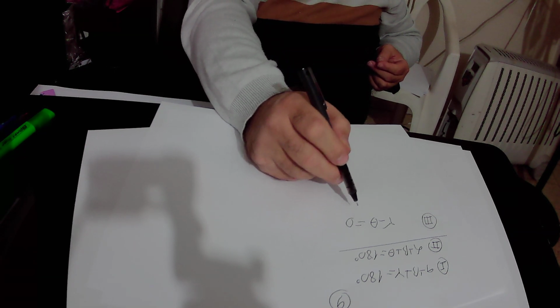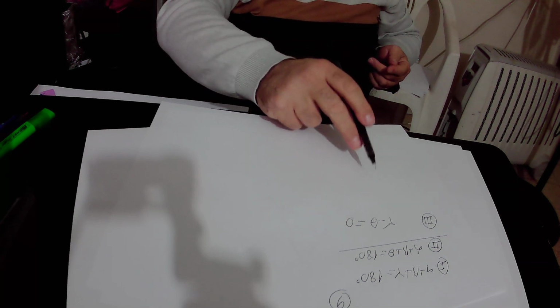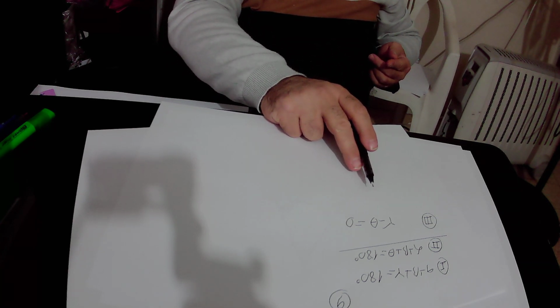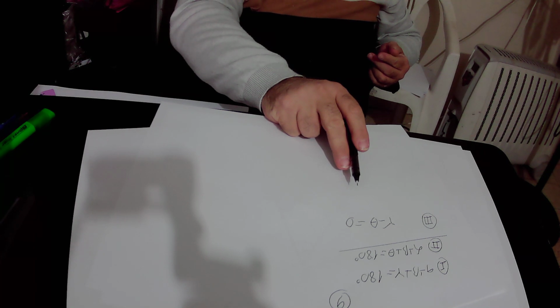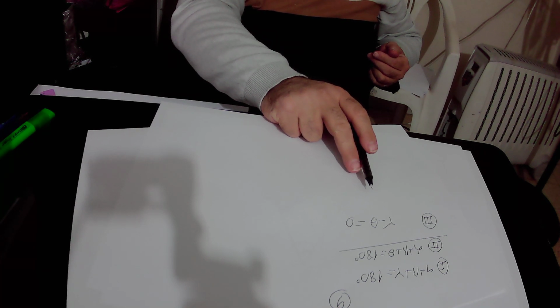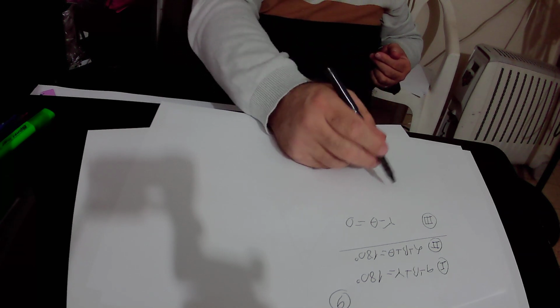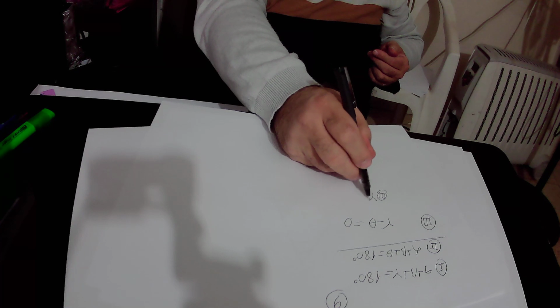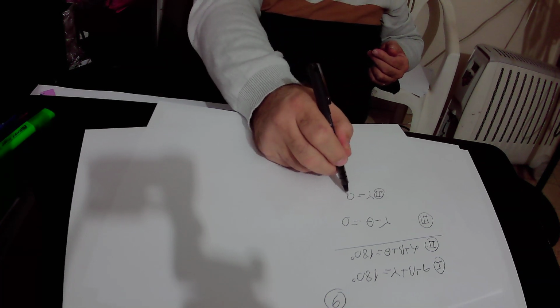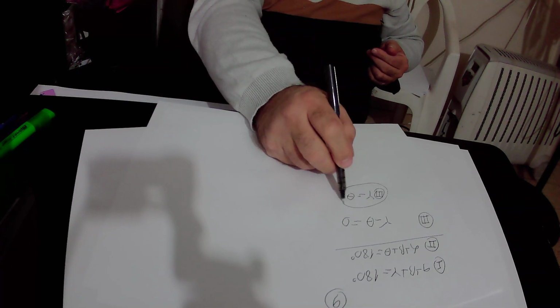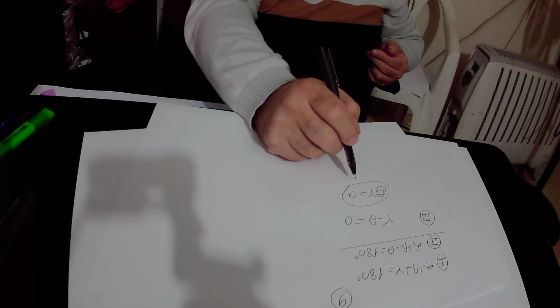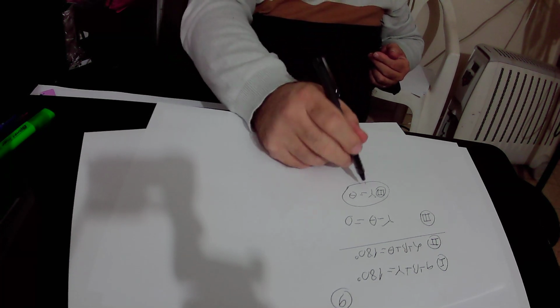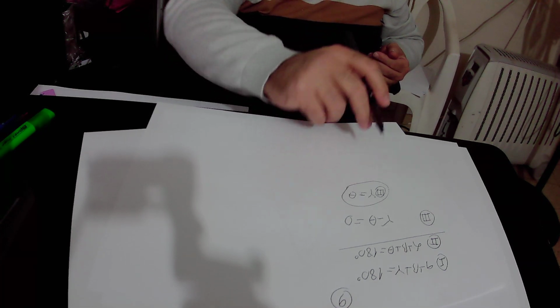So we got equation number 3, which states that gamma minus theta equals 0. Here we will add theta to this equation number 3, and we will get that angle gamma equals angle theta. So we actually proved that the third pair of angles are also equal to each other.